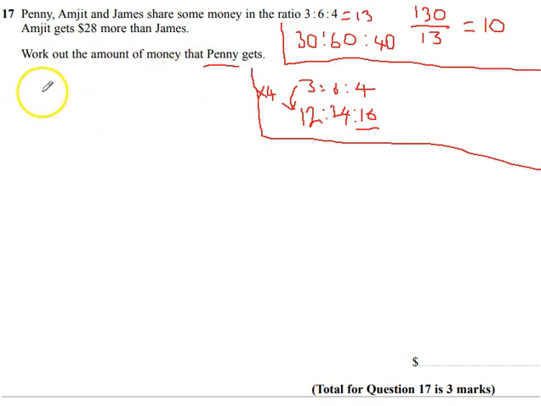So we've got the ratio of 3 to 6 to 4. We know that whatever James gets, whatever that value is, that Amjit is going to get the same amount plus 28.